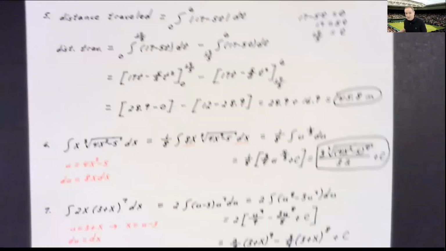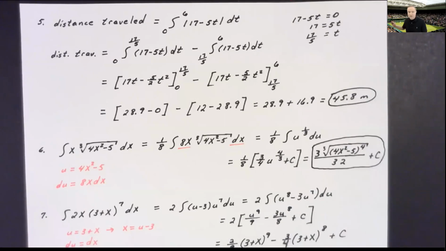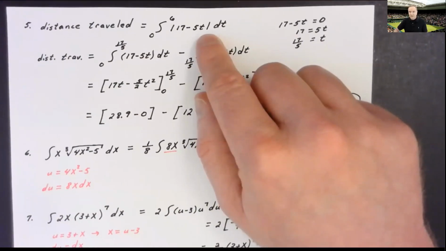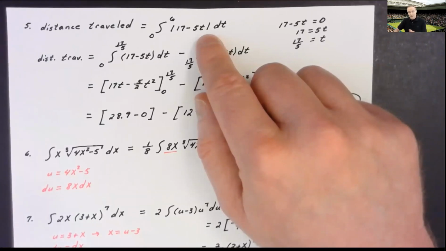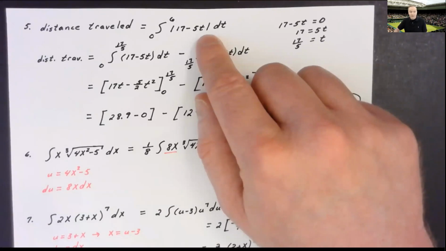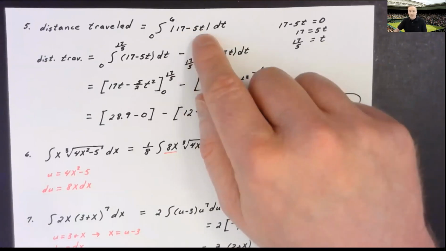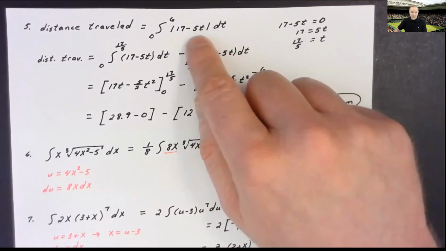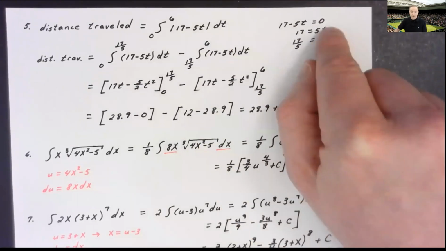But if I wanted to find the total distance traveled by the particle, then any distance traveled needs to be considered a positive distance, regardless of whether it's in a positive direction or a negative direction. In order to do that, we just need to take the absolute value of that velocity function, and then it becomes a problem very similar to our last one, where you need to set what's inside that absolute value, your velocity function, equal to 0.